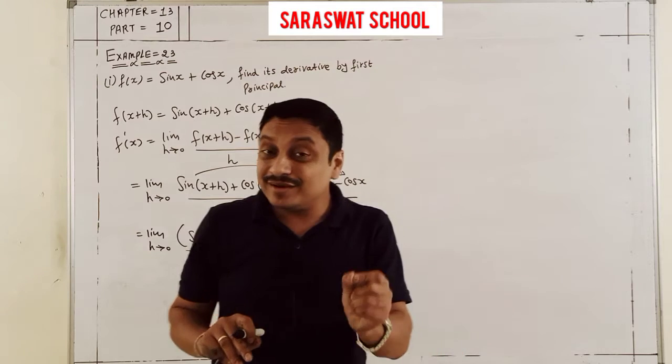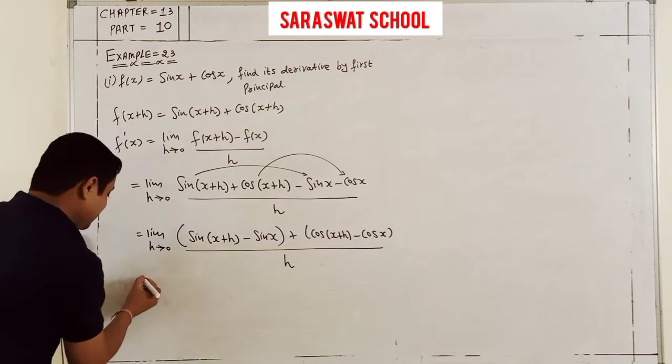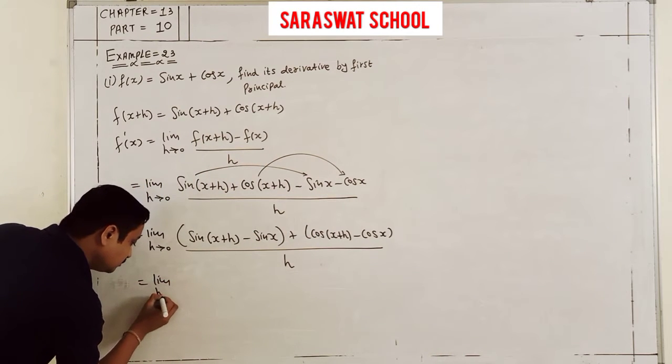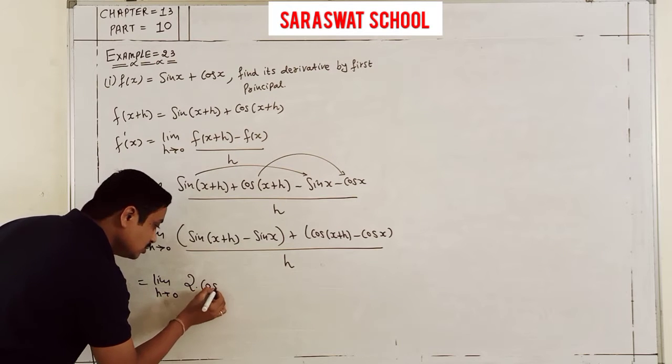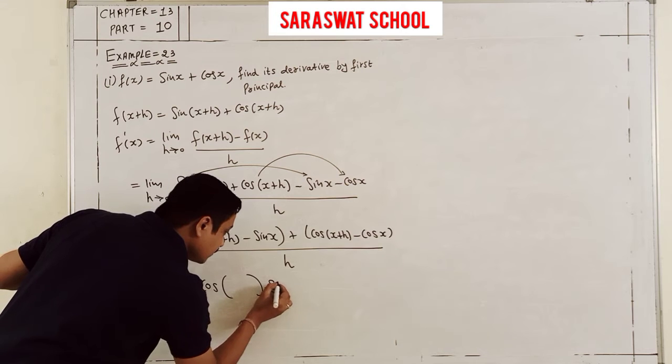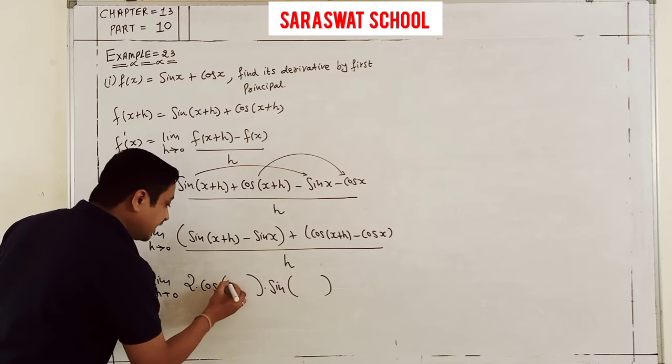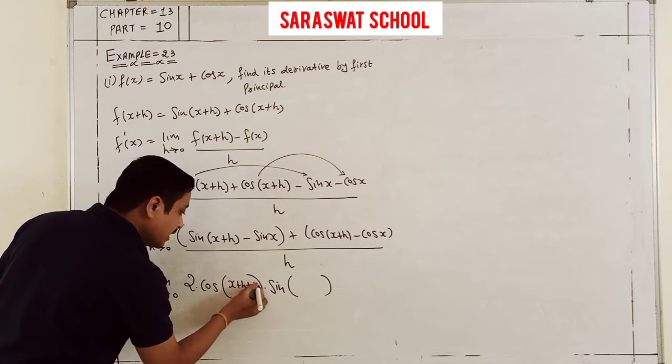But I go by the definition, the first principle. So limit, here the formula for sin minus sin is 2 cos of half the sum of the angles times sin of half the difference of the angles. Similarly, cos minus cos is minus 2 sin sin, again applying both angles divided by 2.